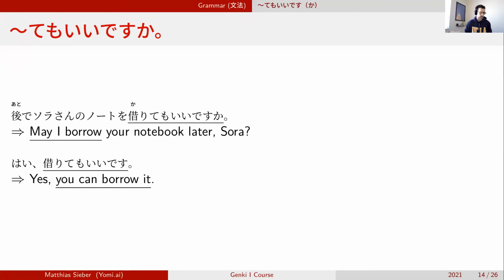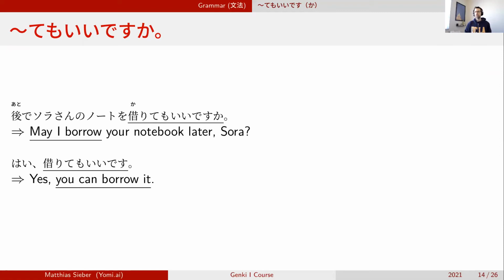And then in the dialogue, Sora-san actually said ii desu yo, right? Which is perfectly fine to answer that. But you can also say, hai, karite mo ii desu, right? So you have the te mo ii desu or the te mo ii desu ka.